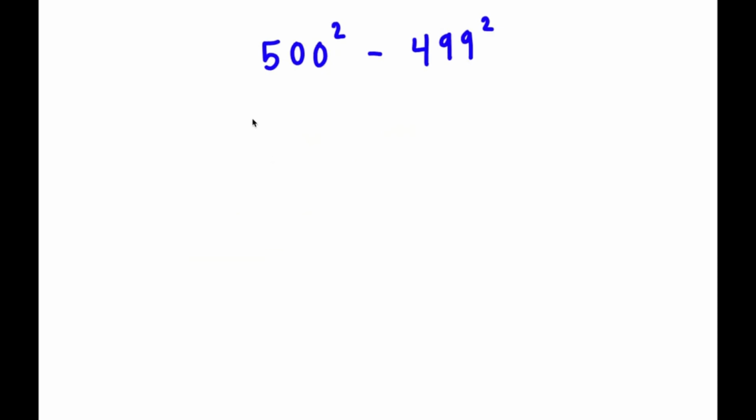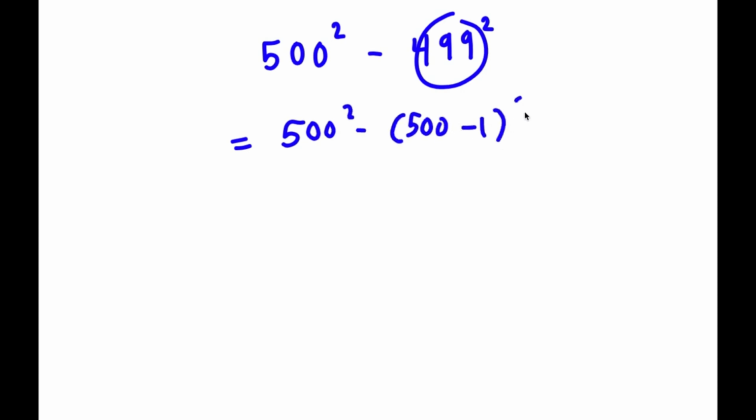Alright, so in this problem, I have 500 squared minus 499 squared. To solve this, I'm going to first start by rewriting 499 here as 500 minus 1. So now I have 500 squared minus (500 minus 1) squared.